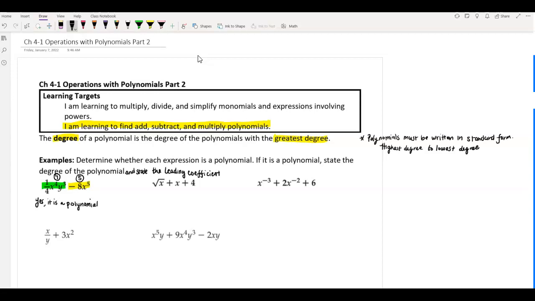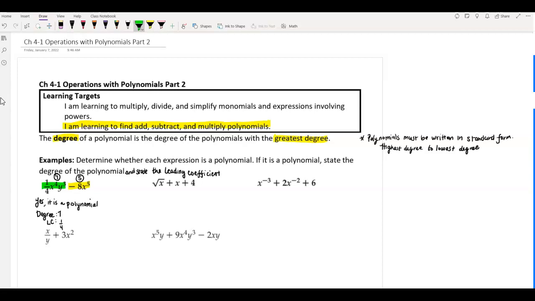In this case, it'll be degree is 7. And our leading coefficient is the coefficient of our highest degree. And in this case, that is a 1/4. It is already written in standard form because we have our highest degree, 7, to our lowest degree of 5.